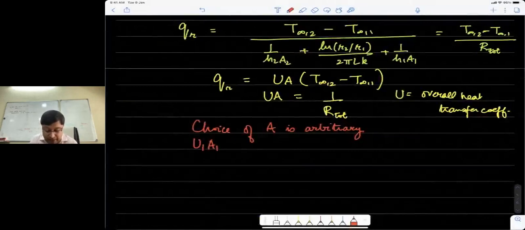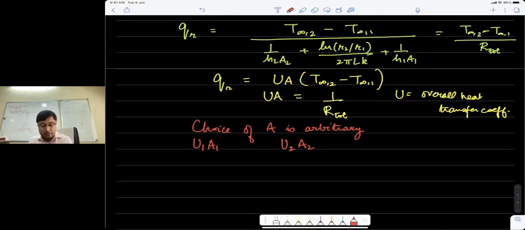Similarly, I could also write this as U2A2. So I could choose the outer area, and then I could define U2 based on that number. Whatever we do, the item UA is conserved. So you can choose an area, and the heat transfer coefficient gets fixed based on the choice of area that you make. And so this is always a constant.